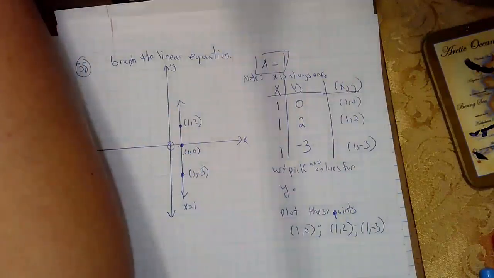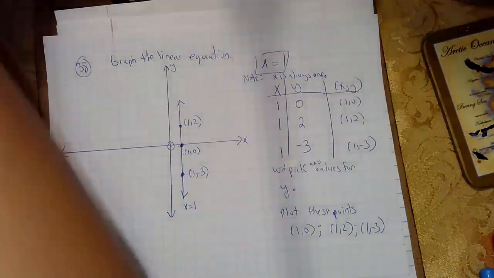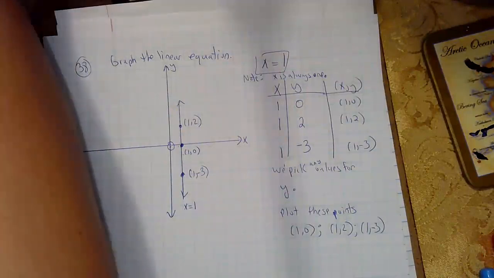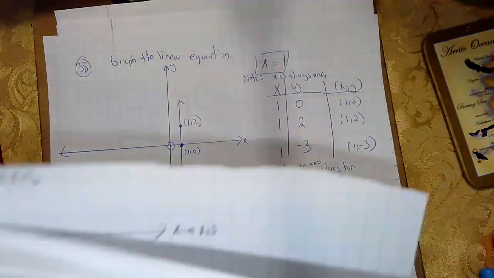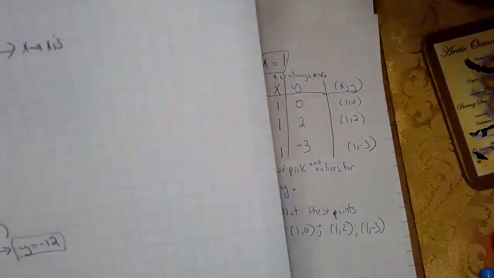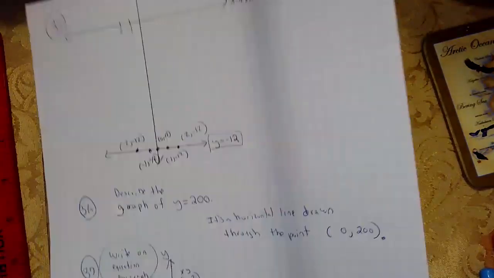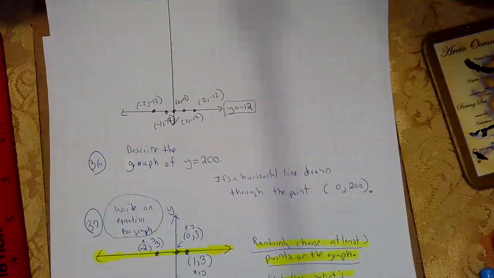So after your table, 36. We did say for 36, we did describe it.